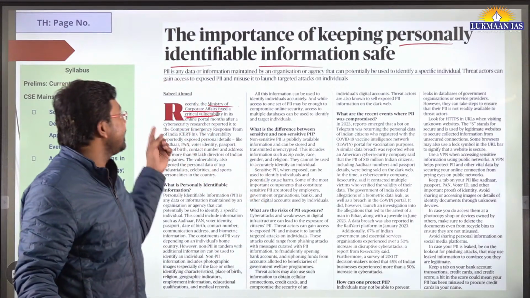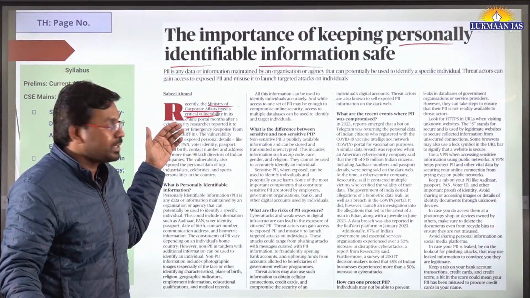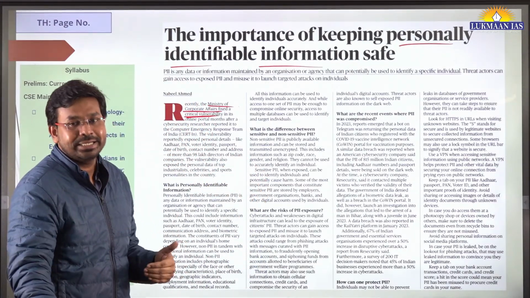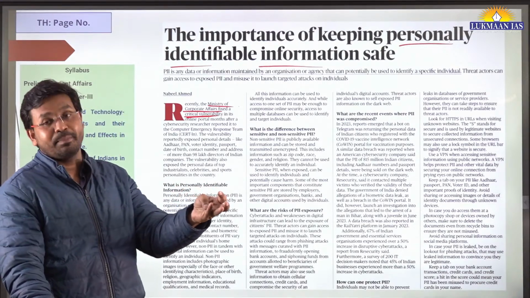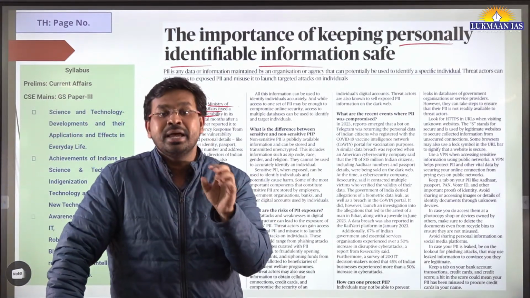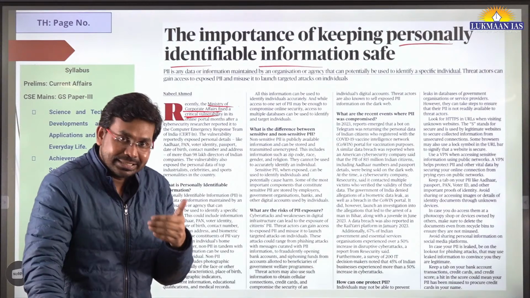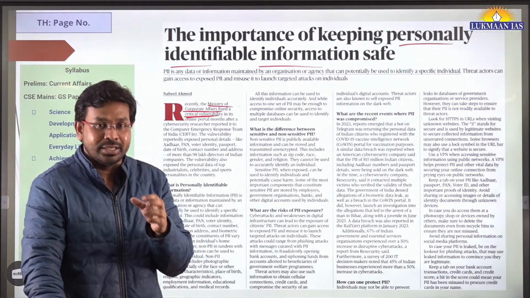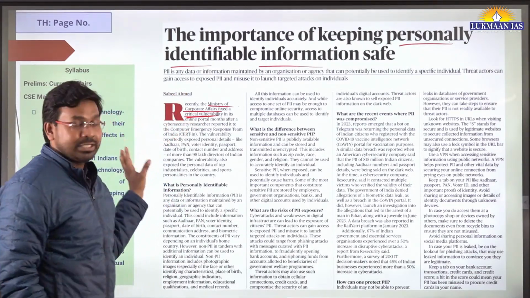So the thing is, under Ministry of Corporate Affairs, right? So all the companies that are listed in India, right? Private companies, public sector companies, their directors get digital signature certificates. So their information is available with the Ministry of Corporate Affairs.